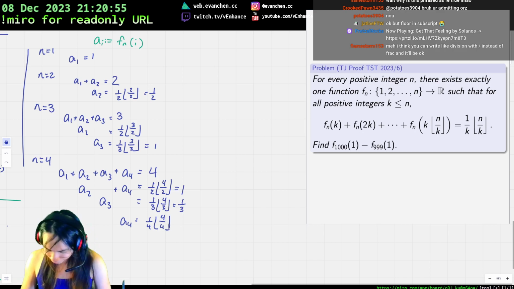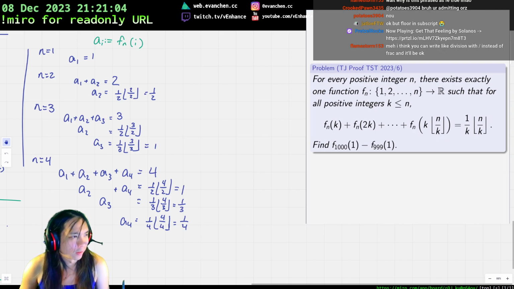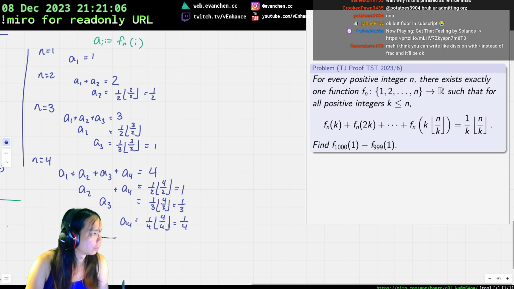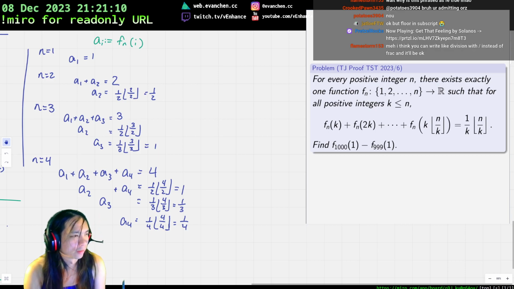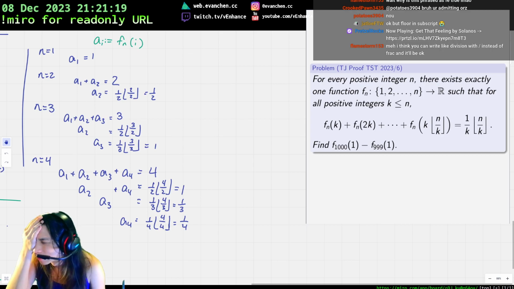The thing that's awkward about this is that for every n, literally the latter half of the system, everything past k equals n over 2, is just a single thing on the right hand side, right? Well, we'll just see what's going on.